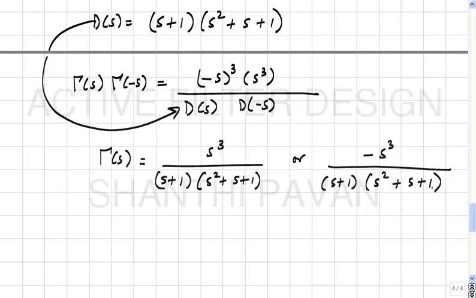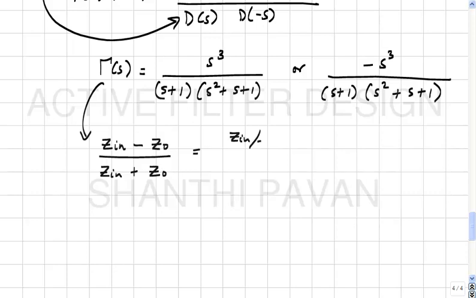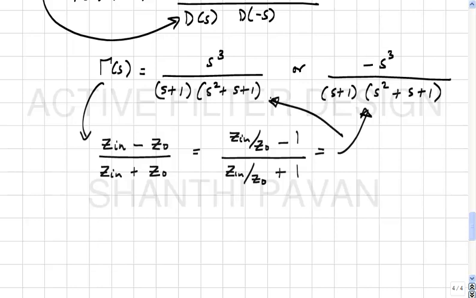Given that we know gamma of s, this is nothing but Zn minus Z0 divided by Zn plus Z0, which can be written as Zn by Z0 minus 1 divided by Zn by Z0 plus 1, and that is equal to either this one or this one.